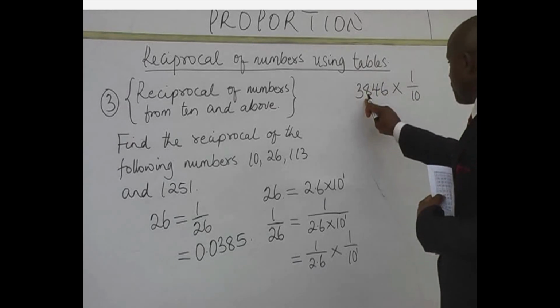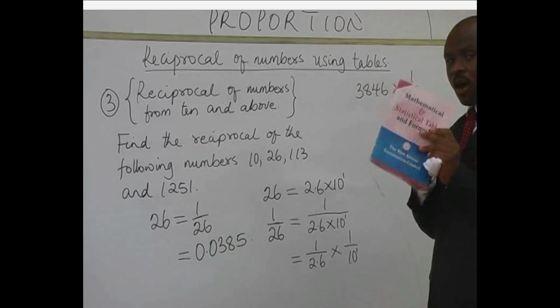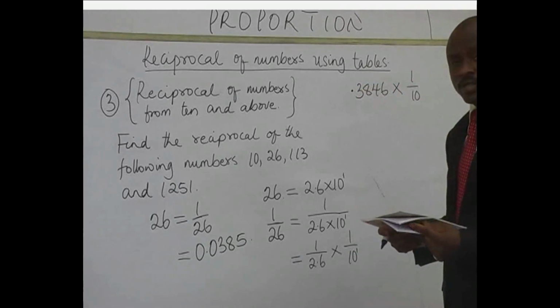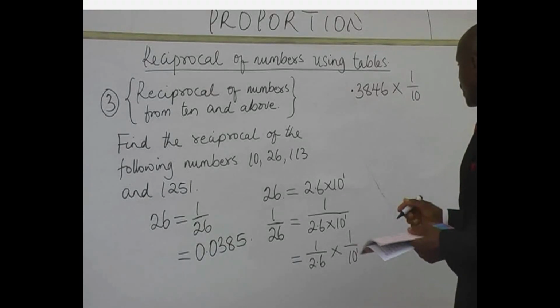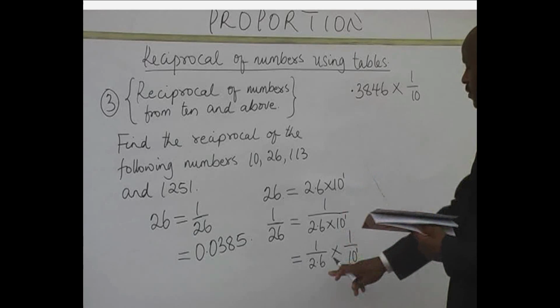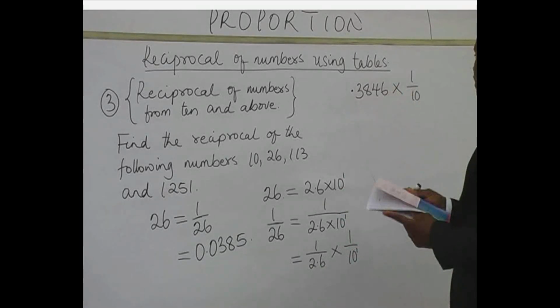Remember that this value is from the reciprocal page of your four-figure table, so it has a decimal point before the first digit. I am coming close to show you where I got 26 under 0, when I finish what I'm doing.